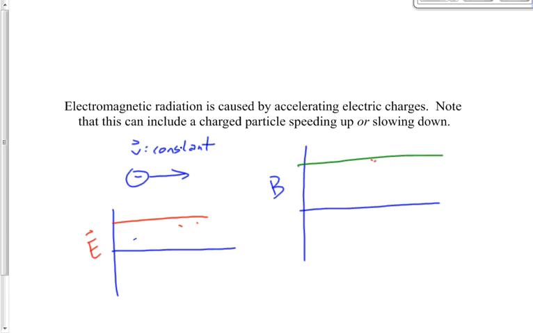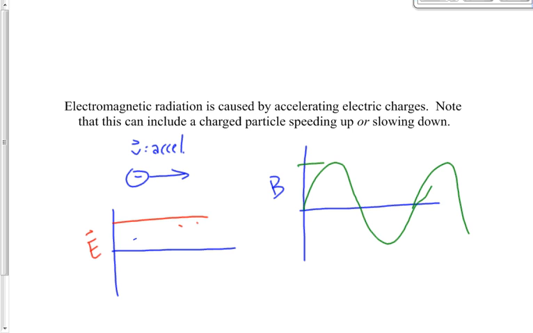But if this thing is accelerating, let's change this now to accelerating. It's either speeding up or slowing down. Then what you get is a magnetic field that's changing in magnitude. Maybe it's speeding up, maybe it's slowing down. It's changing in magnitude like this. And all of a sudden, you've got a magnetic field that's changing in magnitude.